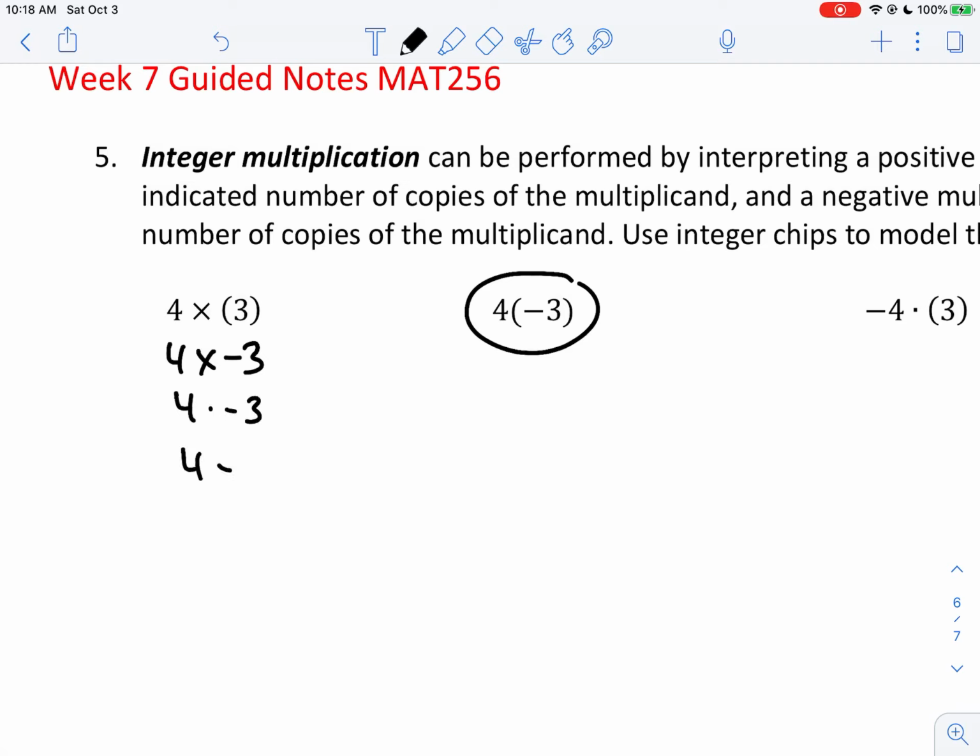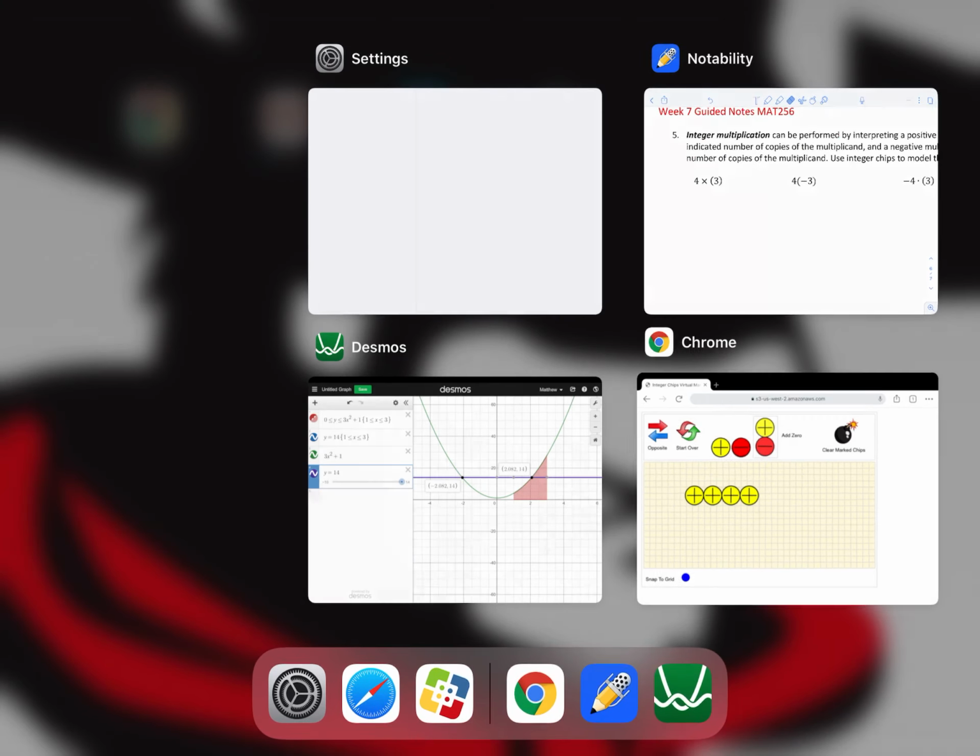Let's say you're using a dot instead, and sometimes people don't see the dot and they think you're doing subtraction, right? All sorts of things can go wrong. But if you put the second number in parentheses, even if they can't see the dot, people will still see it as multiplication. We're going to wind up getting a negative number here, by the way, but let's build up to that using integer chips.